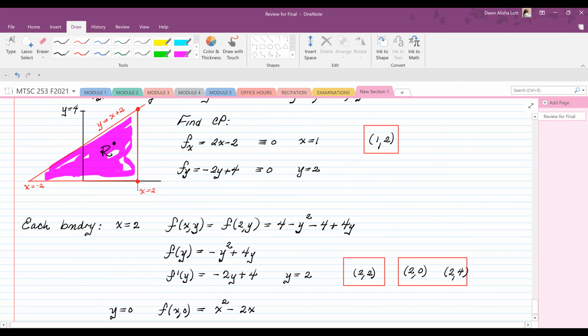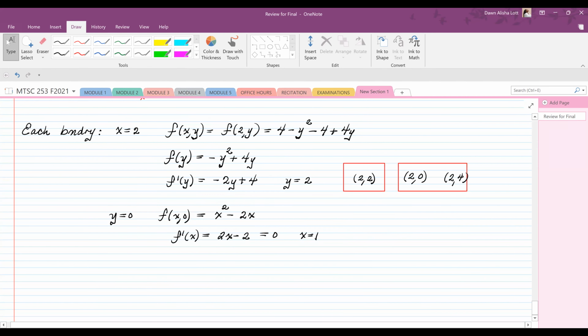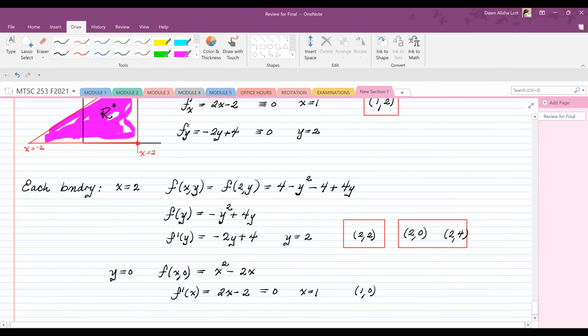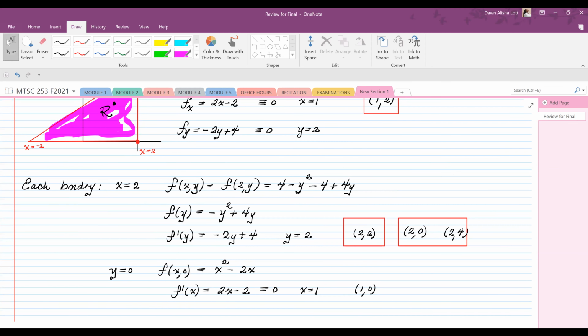Have we done that before? No. So now you have the point (1, 0). And you also need to check the endpoints. We've already got (2, 0). We need to check (-2, 0).